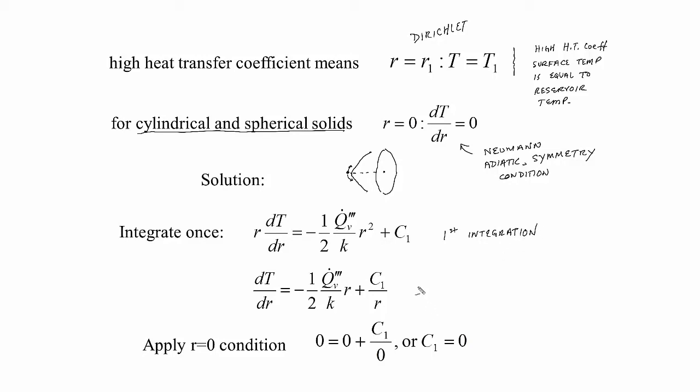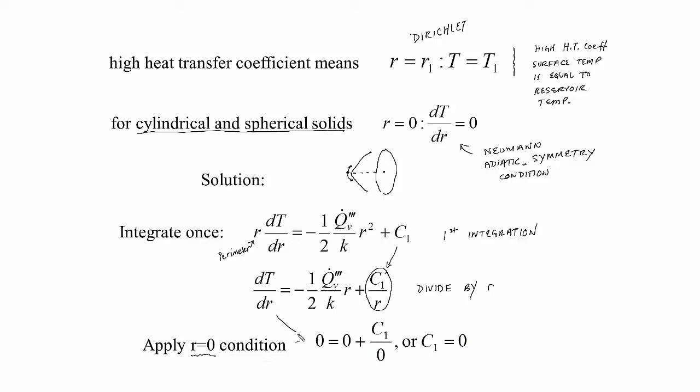And dividing through by R. This R, if you recall, is part of the perimeter. And that perimeter specification is because of the area that we were using for the problem. And so by applying the R equal to 0 condition, you see that this term, the constant of integration divided by R, has a problem at R equal to 0.